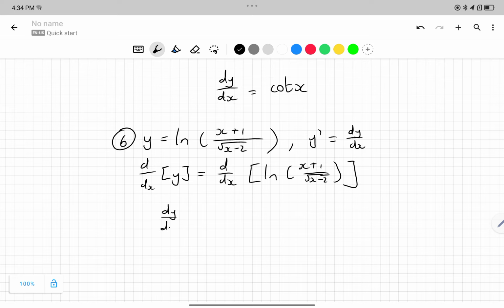I hate when it does this. Timber. I wouldn't dream of challenging me. So we get 1 over x plus 1 over root x minus 2, times the derivative of the inside.